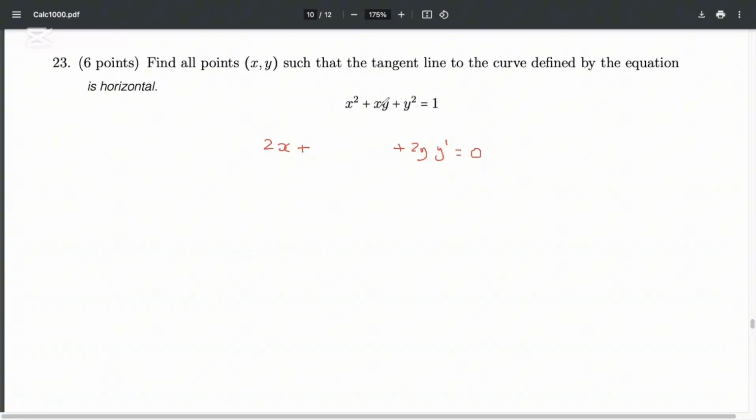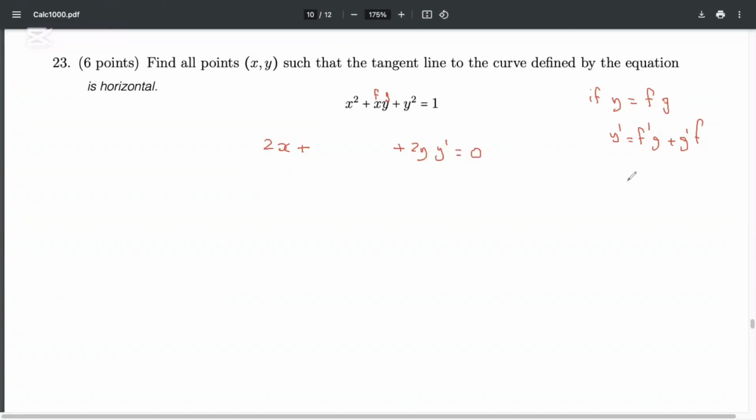The derivative of any constant is 0. Now here, this is a product. If y equals fg, then y prime would be f prime g plus g prime f. Now, this is f, the x, and y is the g.